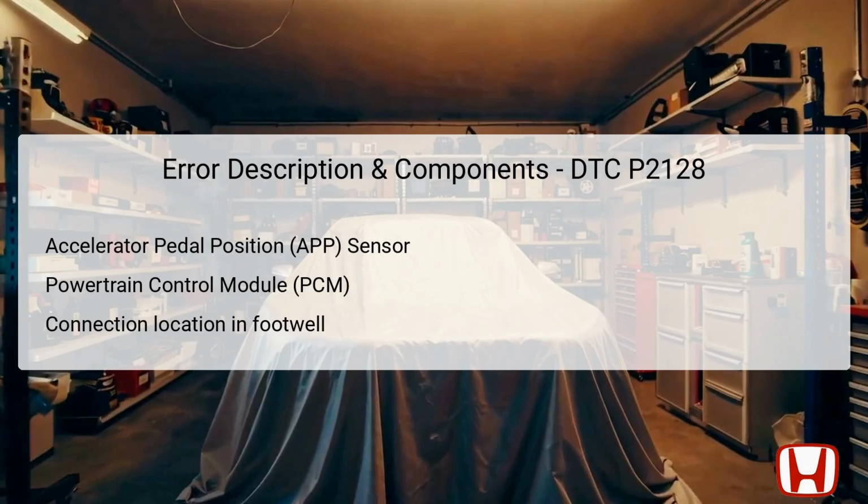A circuit high voltage indicates that the voltage output from the APP sensor is exceeding 4.0 volts, which is outside the normal operating range. The PCM utilizes this data to manage engine performance, so a malfunction could lead to erratic behavior in acceleration or miscommunication of throttle position. Understanding the components involved is crucial for accurate diagnostics and repairs.